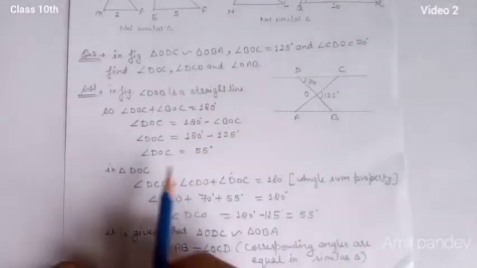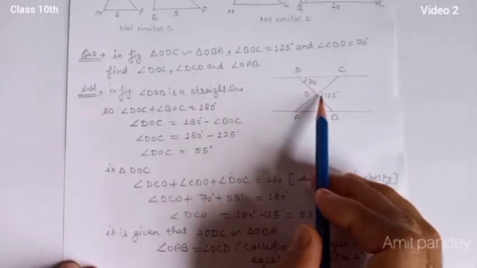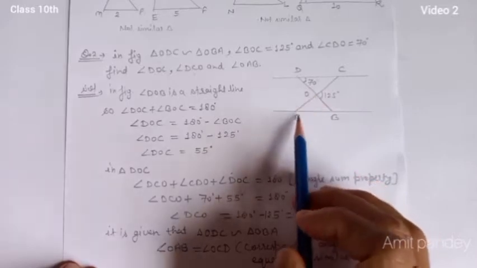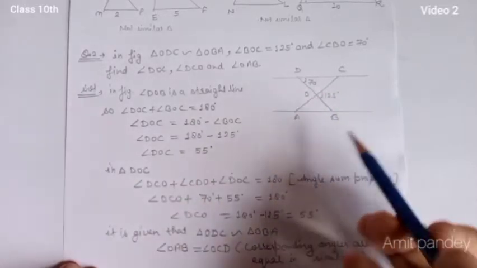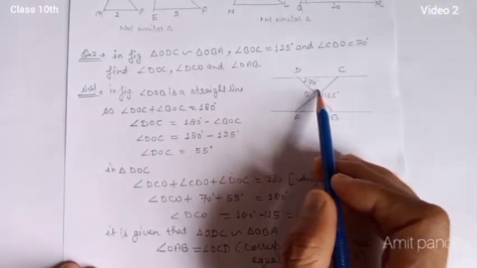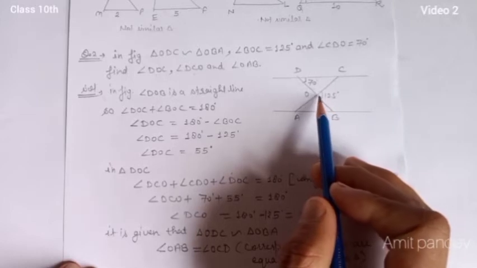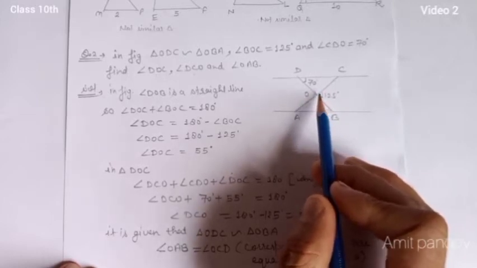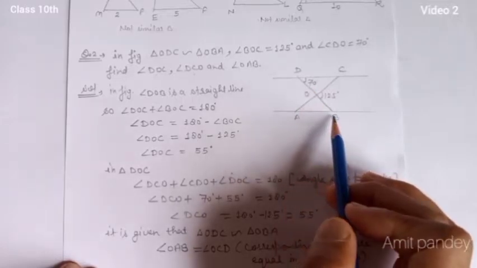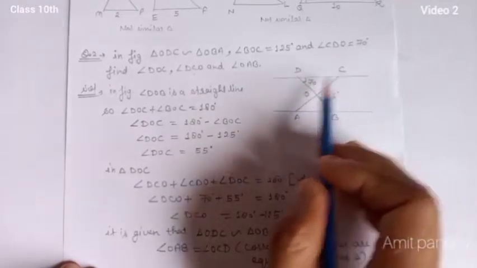You know that in the figure DOB is a straight line. Yes. Okay, as you know, this angle and this angle are a linear pair. The sum of both angles is equal to 180, and since it is a straight line, we can write DOB is 180. Okay students, now we'll split it as DOC and BOC.